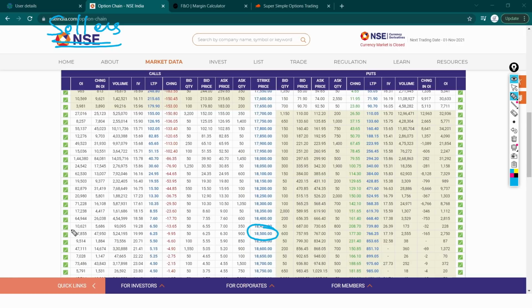This has close to 90,000 open interest, 87,000, we'll just round it off to 90,000. And it is trading at a price of close to 6 rupees. So 6.25, just for simplification of calculation, we'll keep it as 6 rupees. I'll just make a quick note of this.